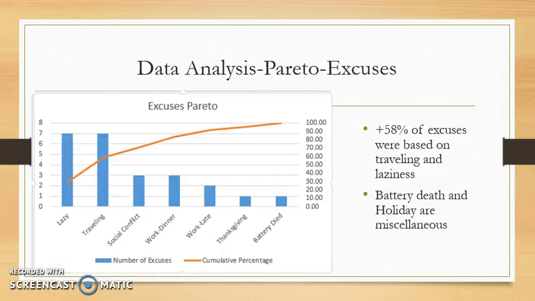And now we can jump right into the data analysis portion. First I put together some Pareto graphs. The first one looks at those excuses, basically the reasons there was no activity that day.